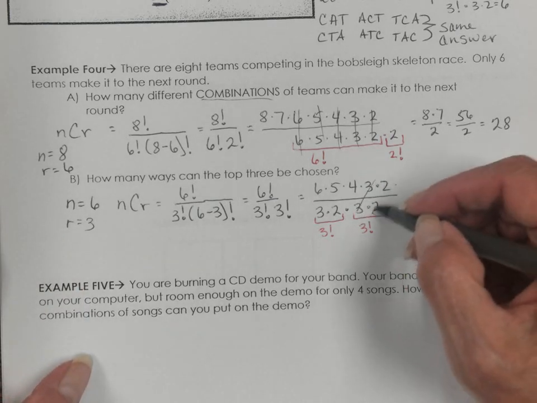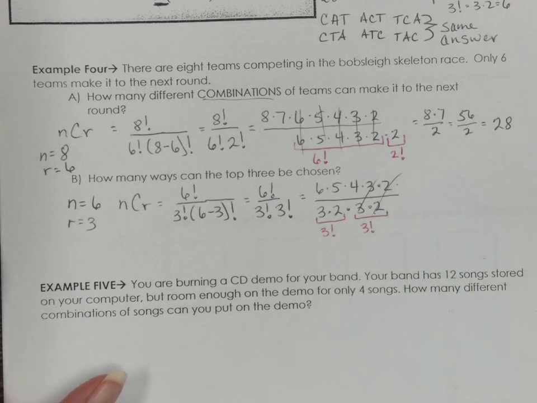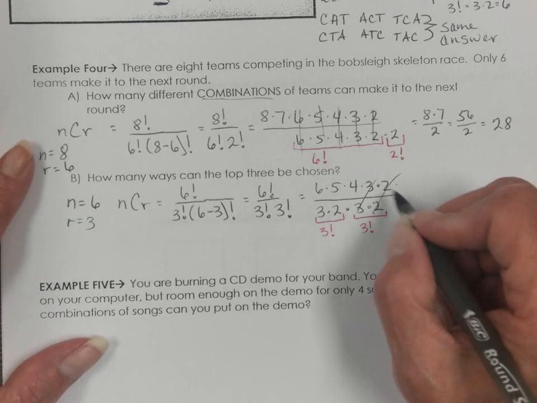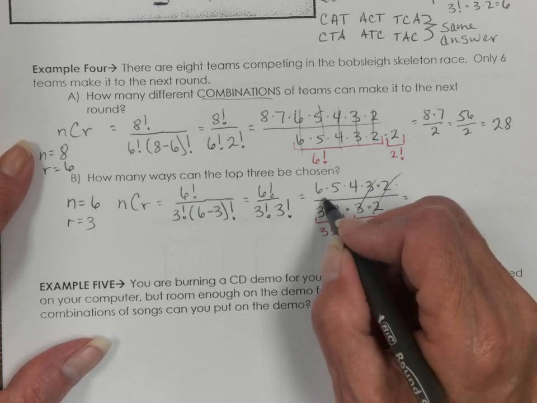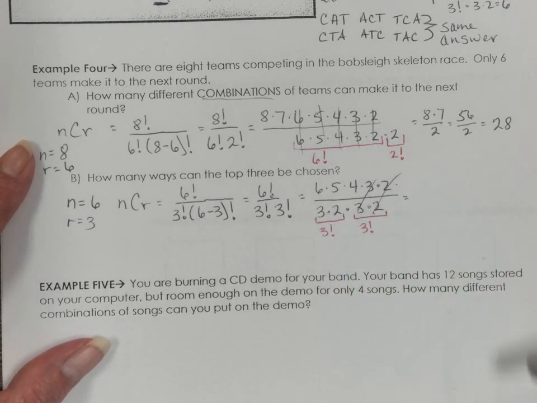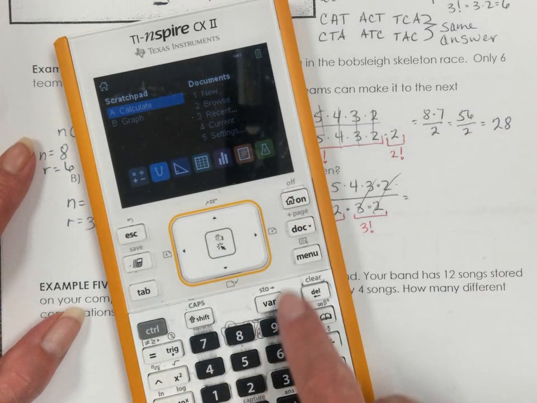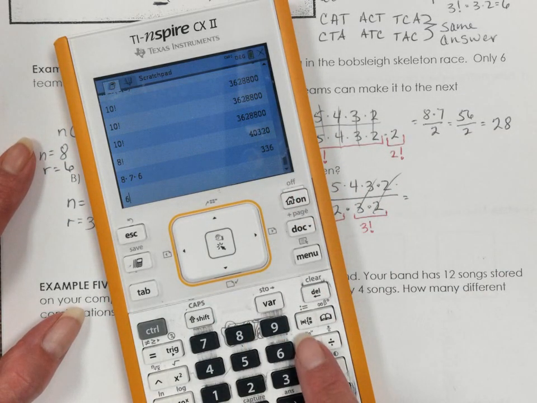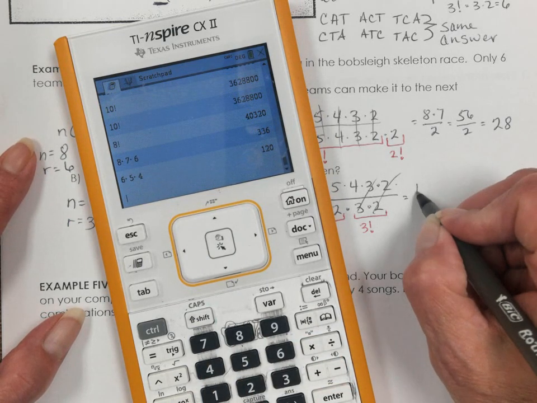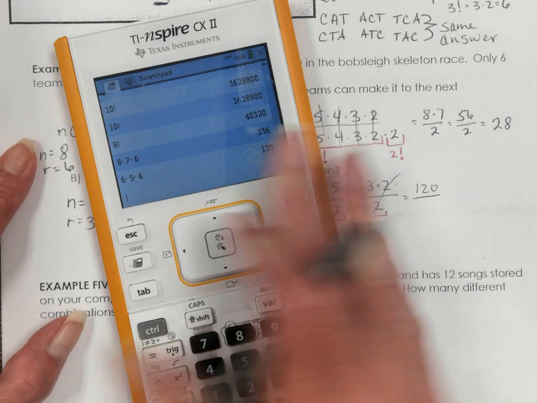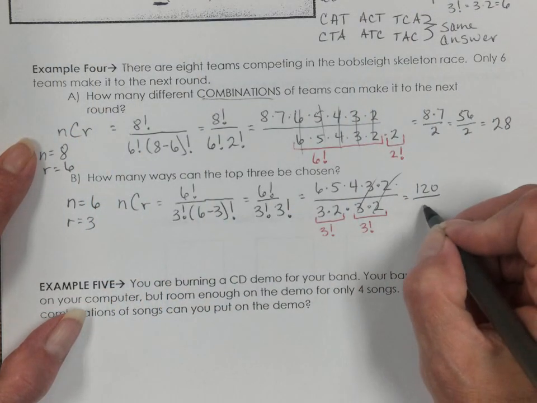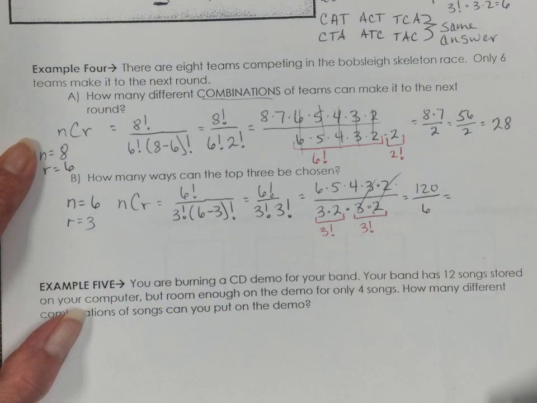I got a 3 and a 2 that'll automatically reduce down to 1. And so I'm going to go from this spot. 6 times 5 times 4 gives me 120. And 3 times 2 gives me 6.